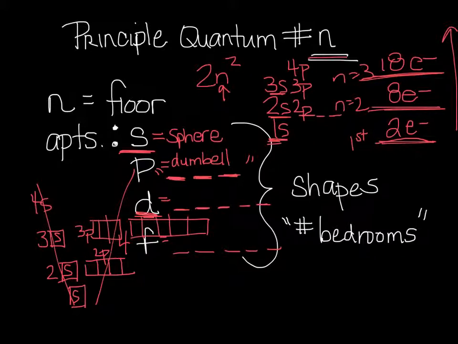On the 4th floor, 4S, 4P, which is your 3-bedroom, 4D, which is your 5-bedroom, and additionally a 4F. And this would keep going. In theory, this would just keep going up and up and up. Each level would actually have one more apartment in it, and that would hold more bedrooms.